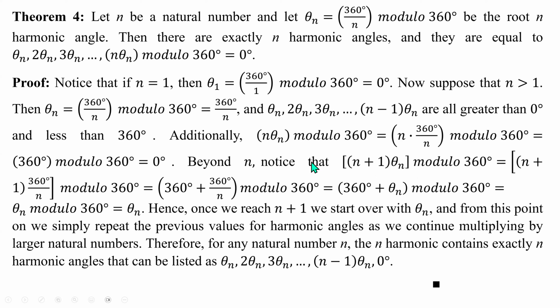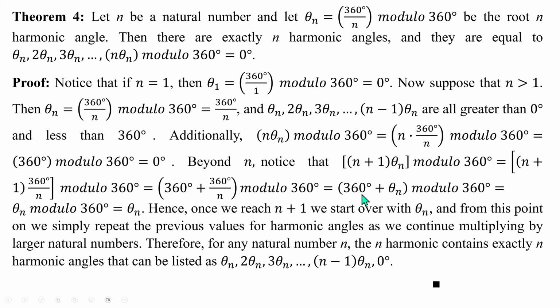If you multiply each term here by 360 over n, you can cancel out this n, and you wind up with 360 degrees plus 360 degrees over n, modulo 360 degrees. This is equal to 360 degrees plus theta sub n, right? Because this thing here is equal to theta sub n. And you evaluate that modulo 360 degrees, but that reduces to just theta sub n modulo 360 degrees.